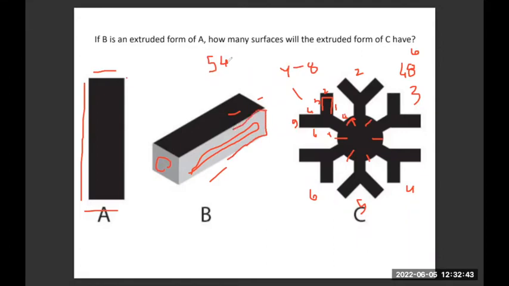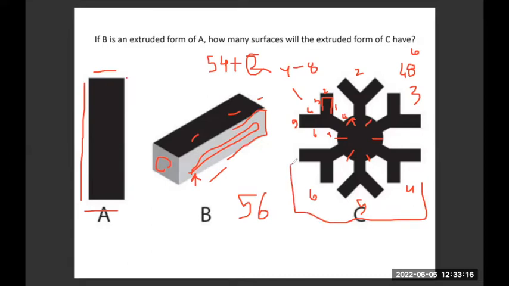There'll be 54 surfaces plus the top surface and the bottom surface, right? Plus 2. And 54 plus 2, you get 56, which is the total number of surfaces that the extruded solid will have.